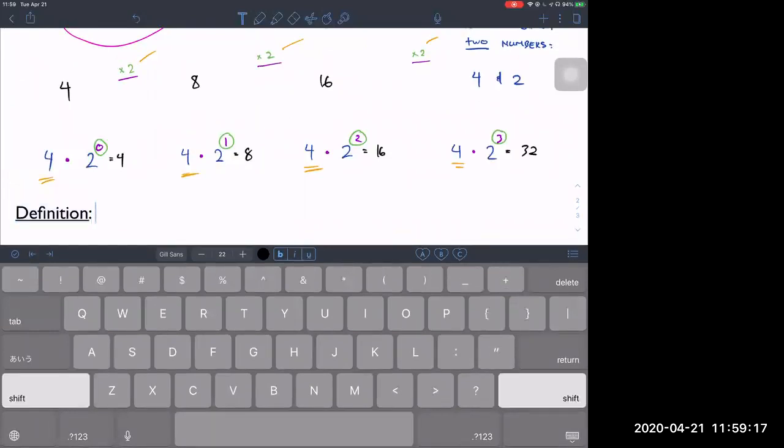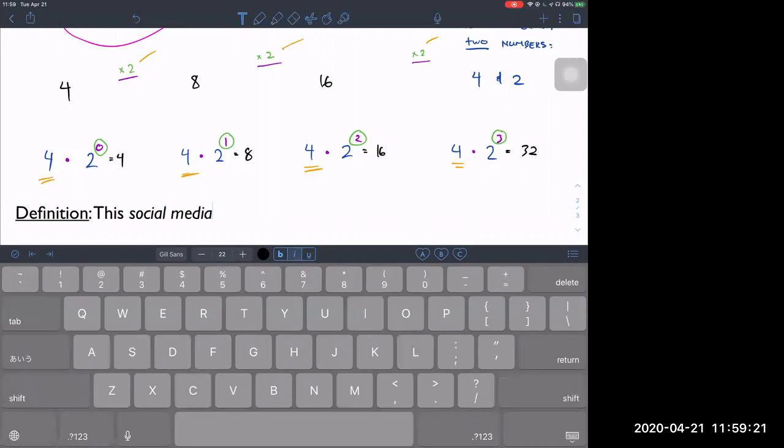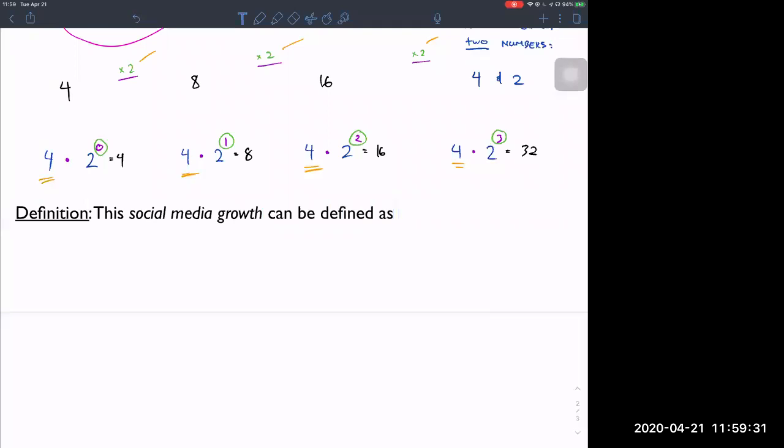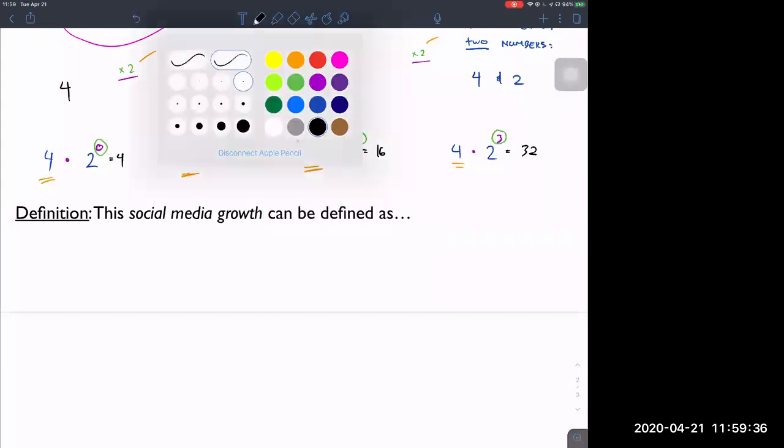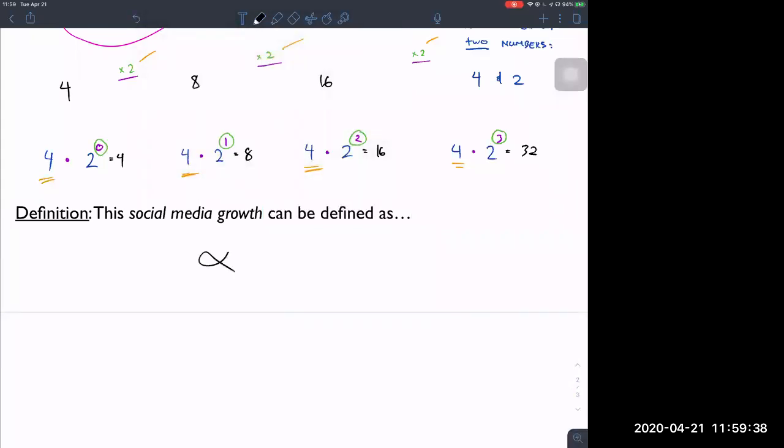I'm going to call it this: social media growth can be defined as alpha times beta. I'm just using Greek letters right here. It could have been any 2 letters. You could have put a C and a D or a J and a K, whatever, but I just ended up using Greek letters here.